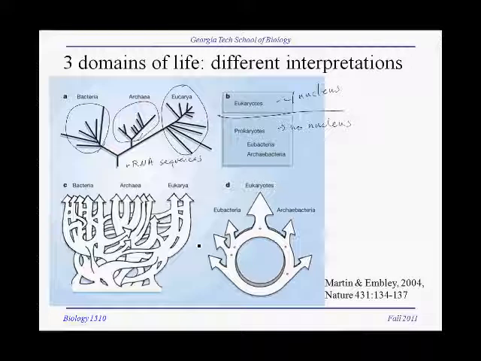In fact, they were trying to figure out what the last universal common ancestor, the common ancestor of all three domains, the root of this tree of life, looked like. And what they realized was that they couldn't get a consistent tree.